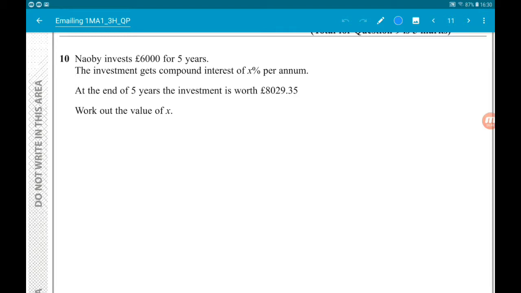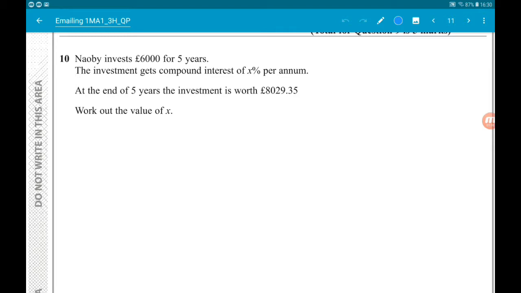Okay. So, I'm going to do this thinking of decimal multipliers. Say that the investment was paid 2% interest per year. We would do 6,000 times 1.02 to the power of 5. Problem is, we don't know the percentage, it's X%.